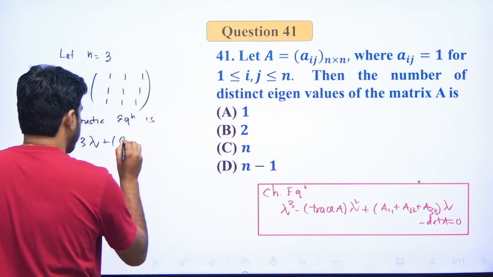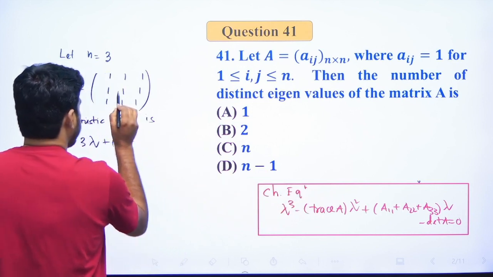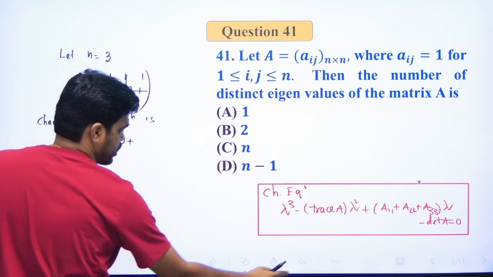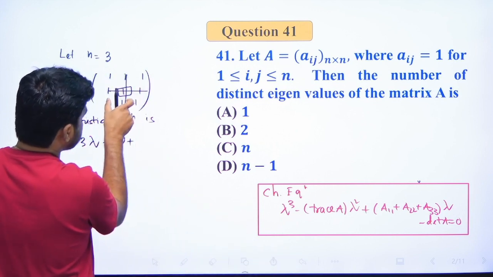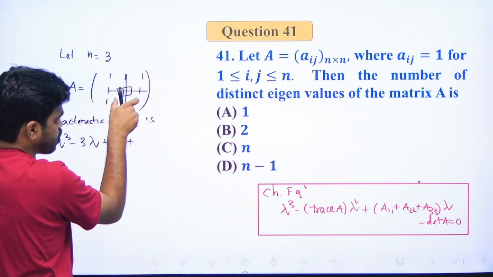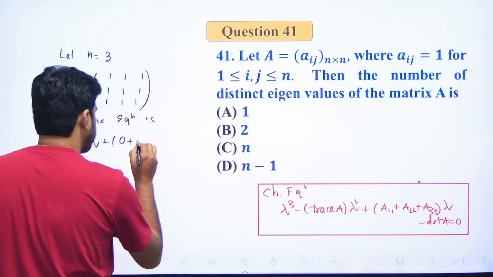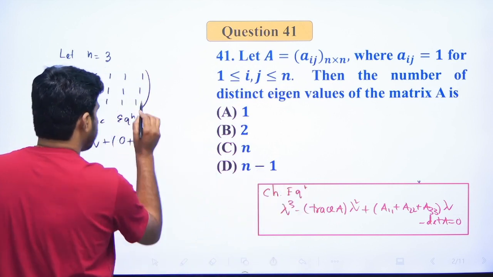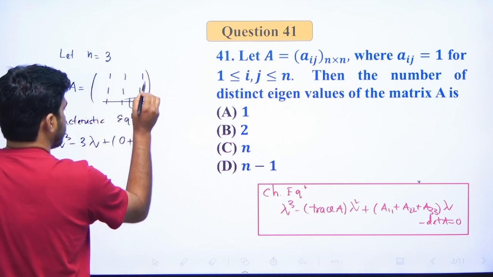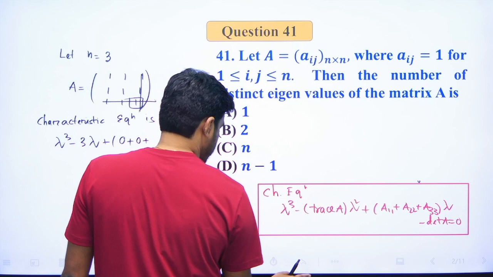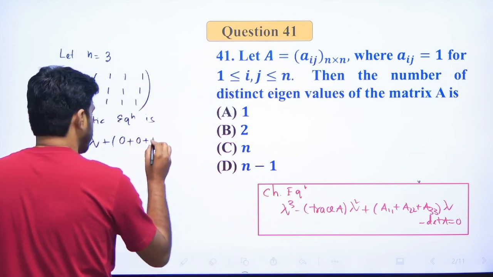So A11 is 0 plus A22, that means a positioner cofactor কি হবে? 1 minus 1, that is determinant of first row 1 1, second row 1 1, that means 0. So A22 is 0, and A33 is also 0.